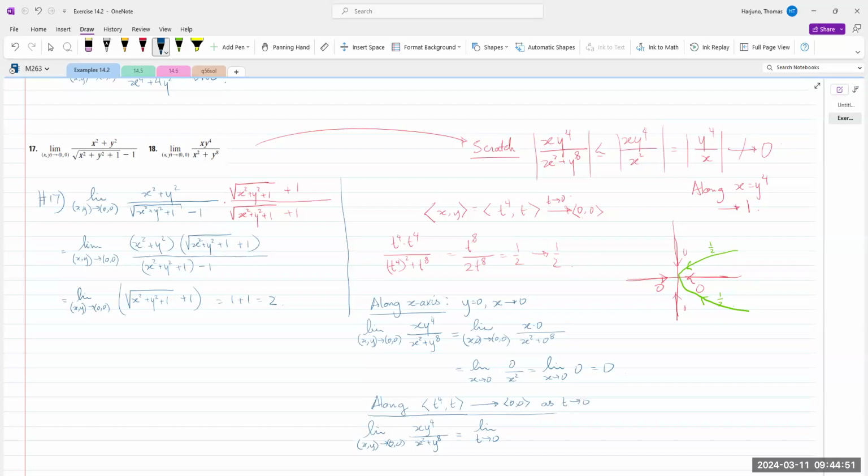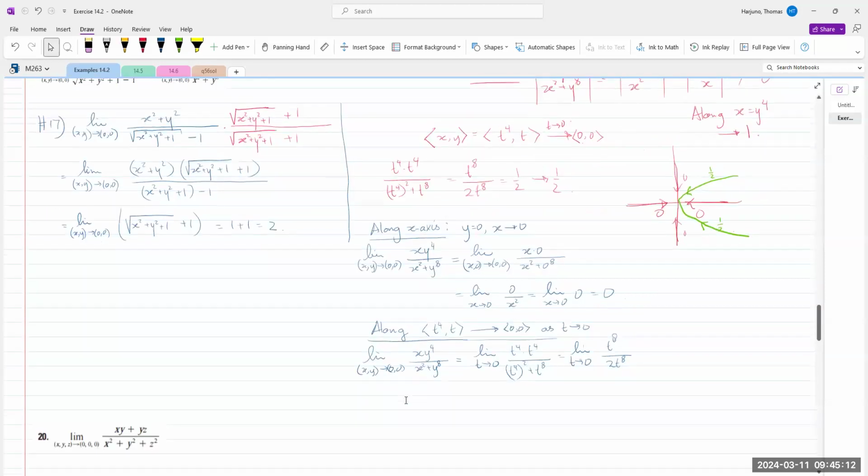Now I replace x by t to the 4th and y by t. This is the limit as t goes to 0 of t to the 8th over 2t to the 8th, which is the limit as t goes to 0 of 1/2, that's 1/2.